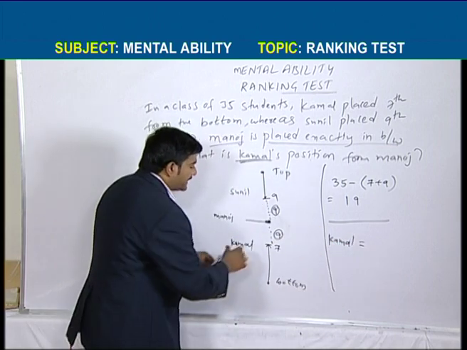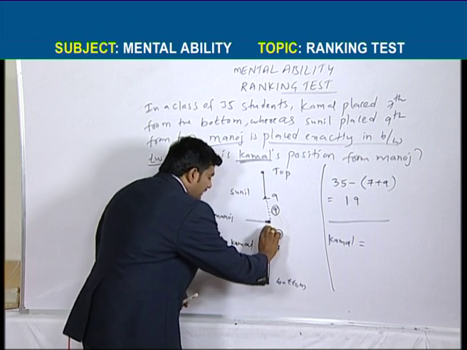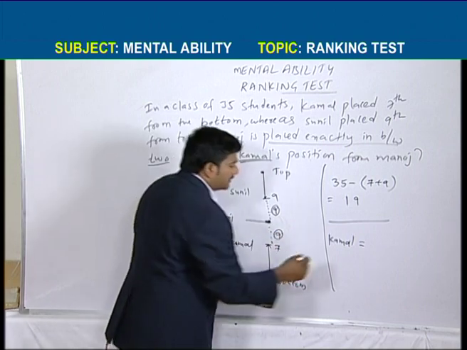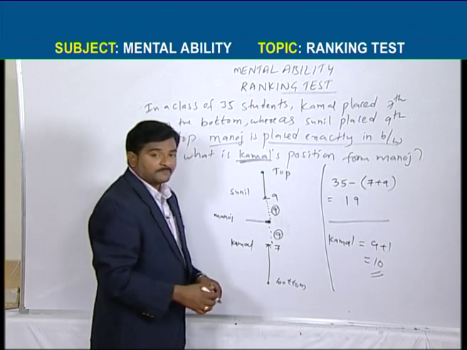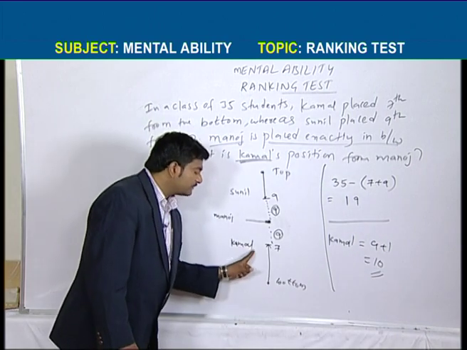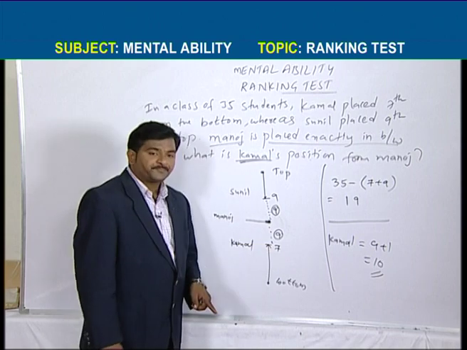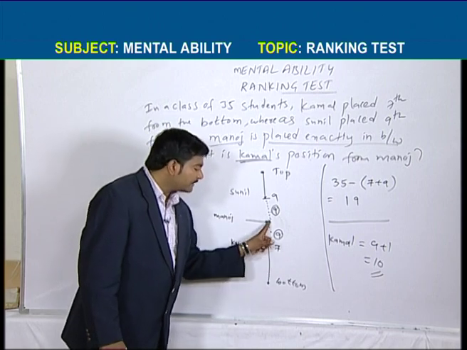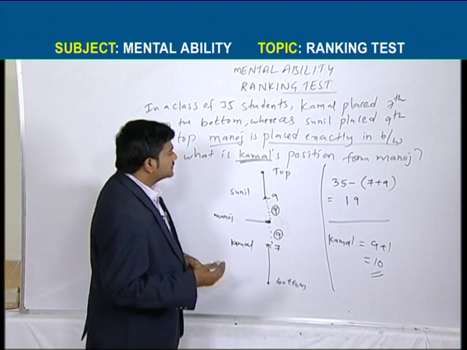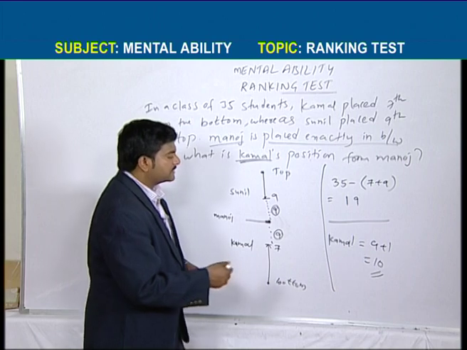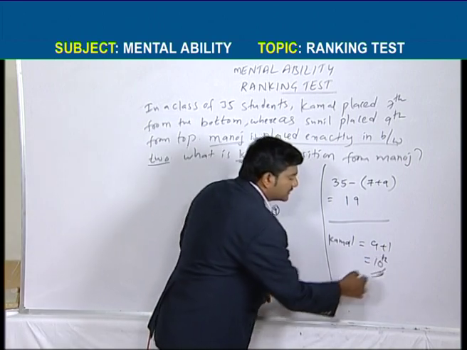So here there are 9 students plus Kamal, total how many? 10 students are there. What does it mean? The position of Kamal from Manoj is 10. Hence, the 10th position will be the answer.